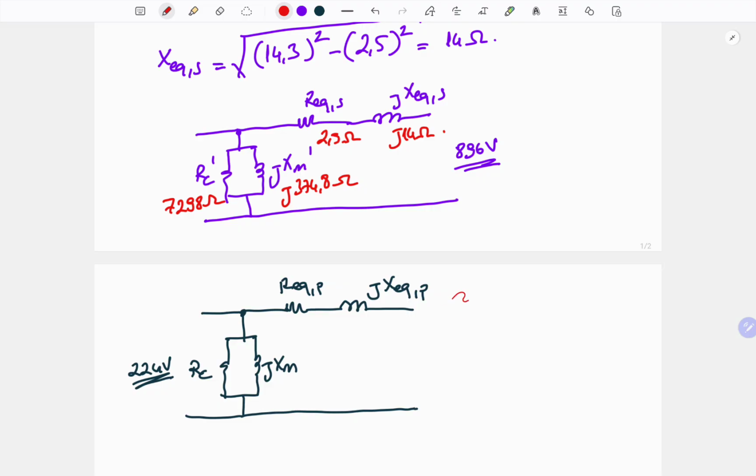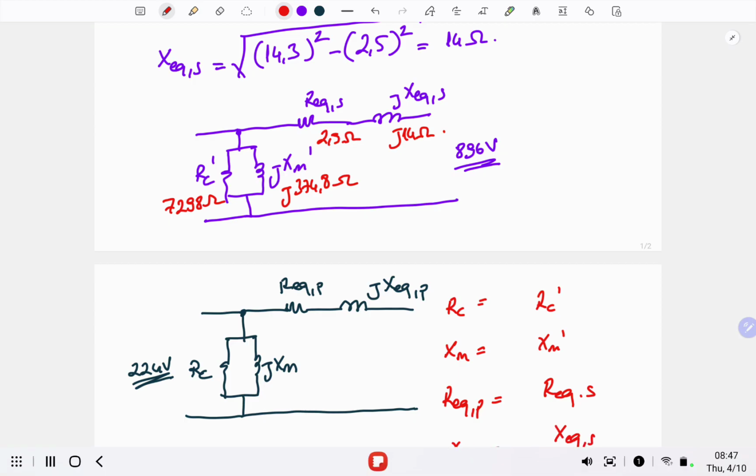So for all these parameters, RC, XM, R equivalent primary, X equivalent primary can be calculated from their secondary equivalents: RC prime, XM prime, R equivalent secondary, and X equivalent secondary. How? By multiplying with A square.